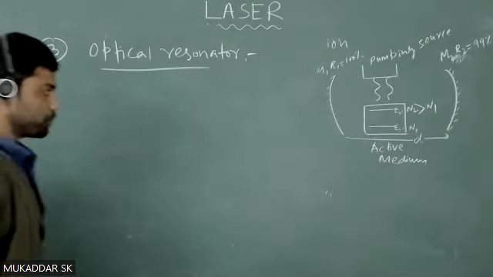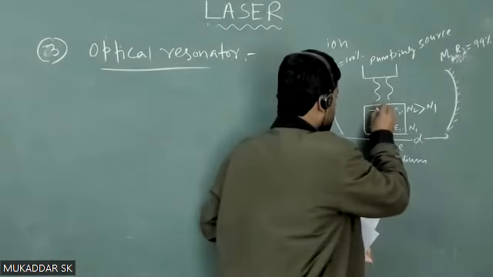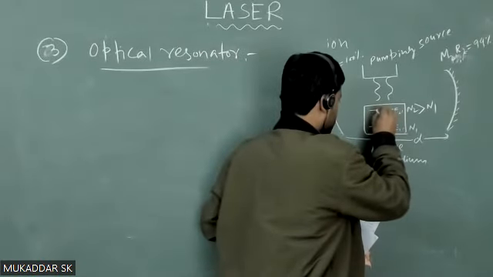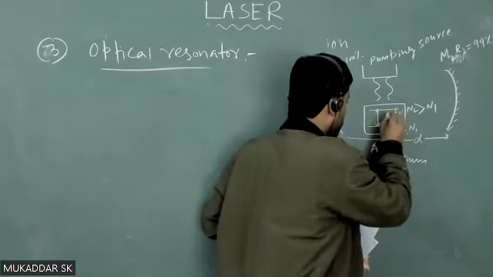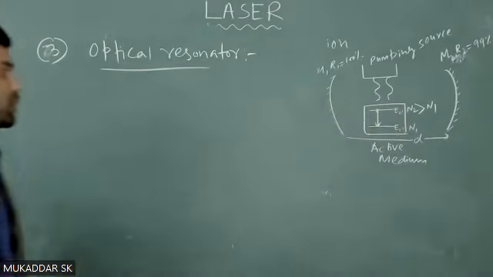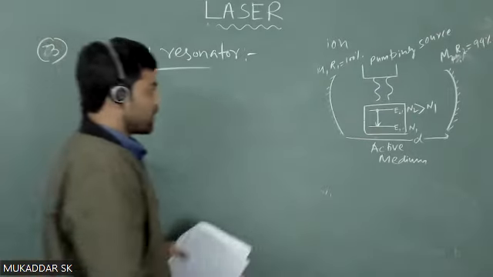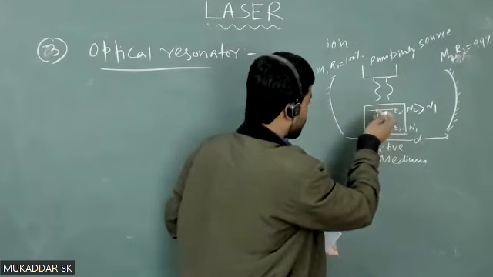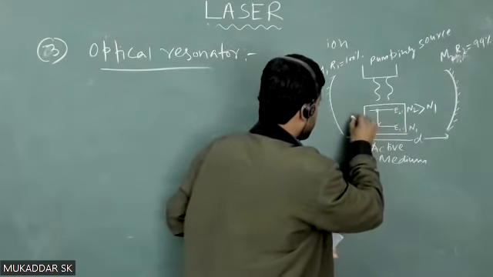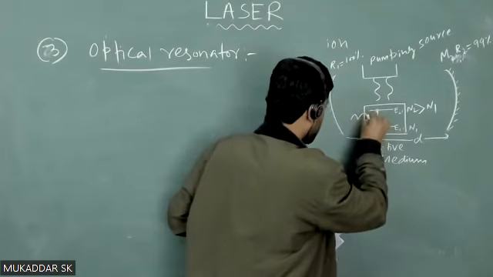then the first process that happens is known as spontaneous emission. Atoms make a transition from E2 to E1 after achieving population inversion, so the first transition from the upper level to the lower level is by spontaneous emission. As a result, there is emission of a photon.